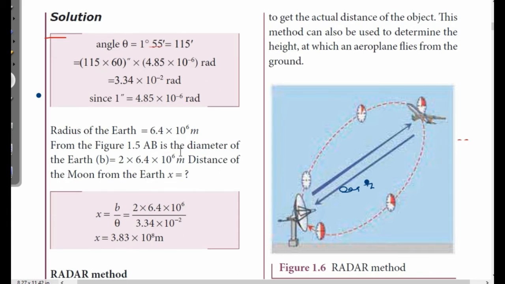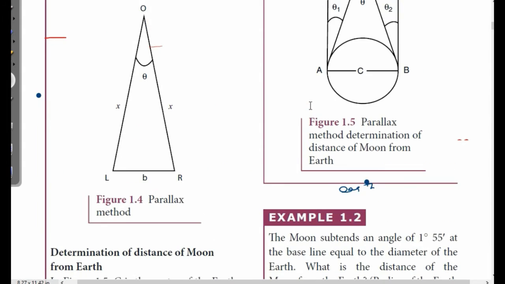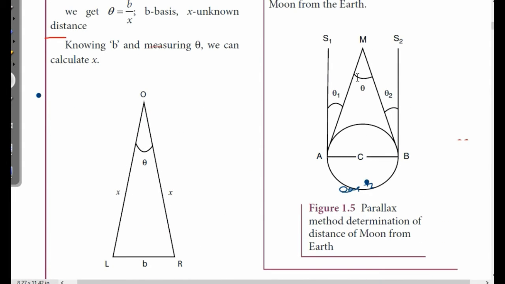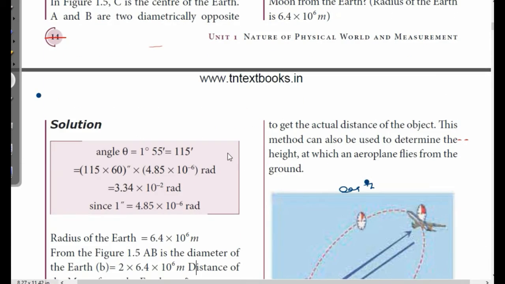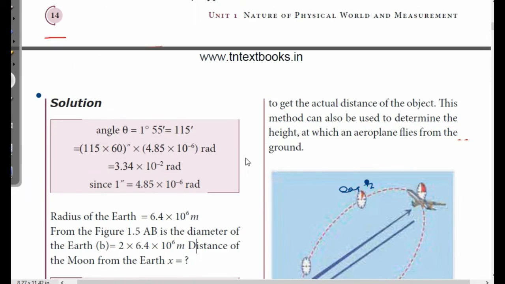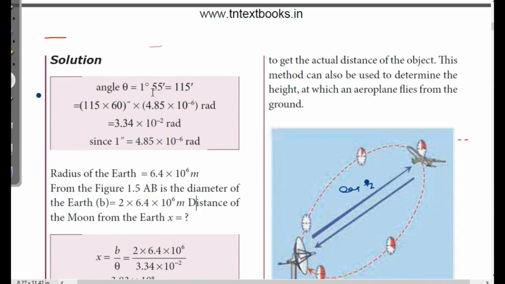The diameter of the earth is 1.276 into 10 to the power 7 meter, and theta is the angle of observation. That is the angle which we observe, like closing the left eye and the right eye in turn. So that is theta, 1 degree 55 minutes, which can be written as 115 minutes.